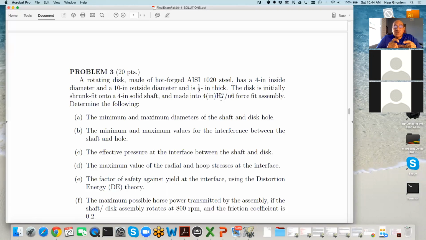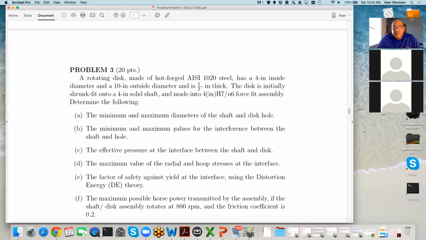That gives me the worst case scenario, which is the highest interference, and that I can translate to a force system. That's the minimum and maximum value of interference, similar to the midterm.